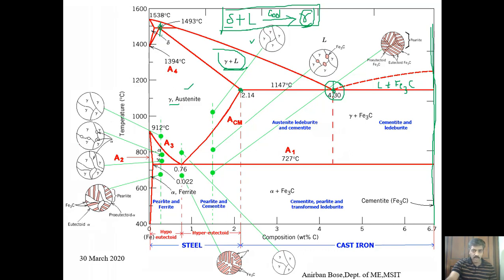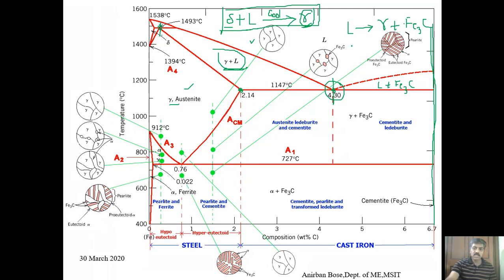So along this line, another invariant reaction is taking place. You see what is happening? The liquid is converted into what? Austenite and cementite. So two solids are forming from liquid at a constant temperature.